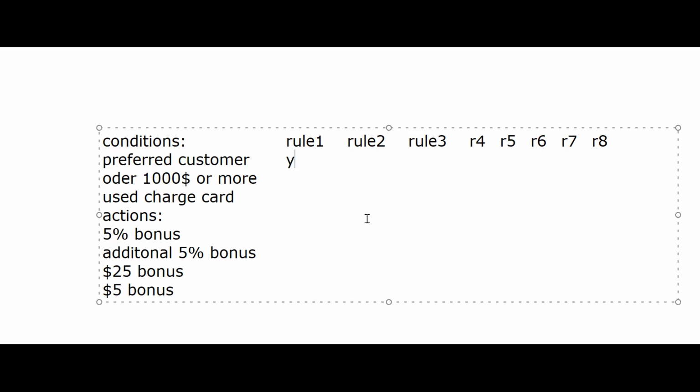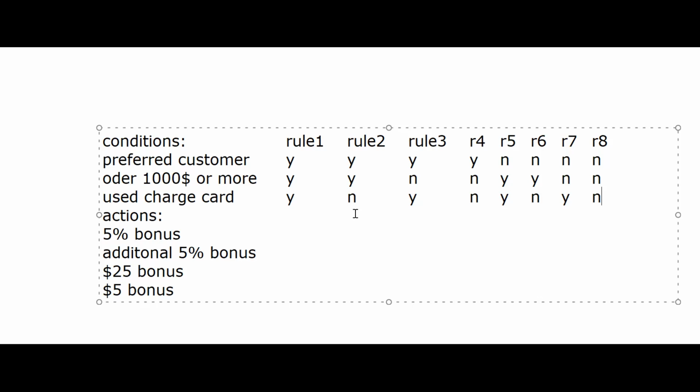So the first can be yes, yes, yes, yes, then no, no, no, no. Similarly, whether you have ordered $1,000 or more, you can say yes, yes, then no, no, yes, yes, no, no. Finally, whether they have used the charge card or not, we can say yes, no, yes, no, yes, no, yes, no. So you can see this will guarantee that you look at all possible combinations.